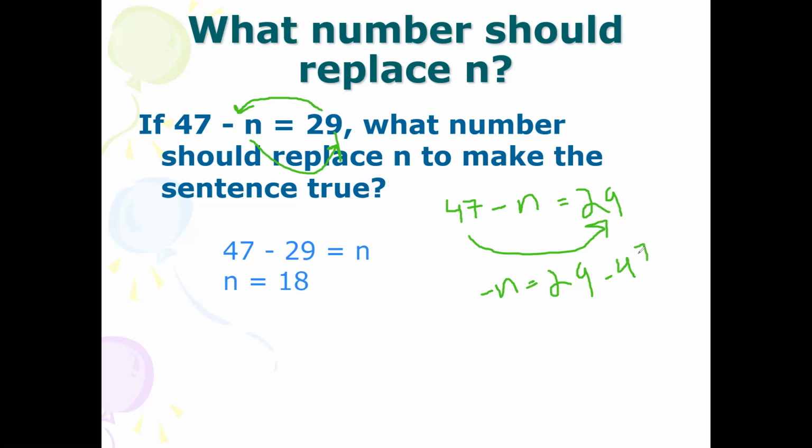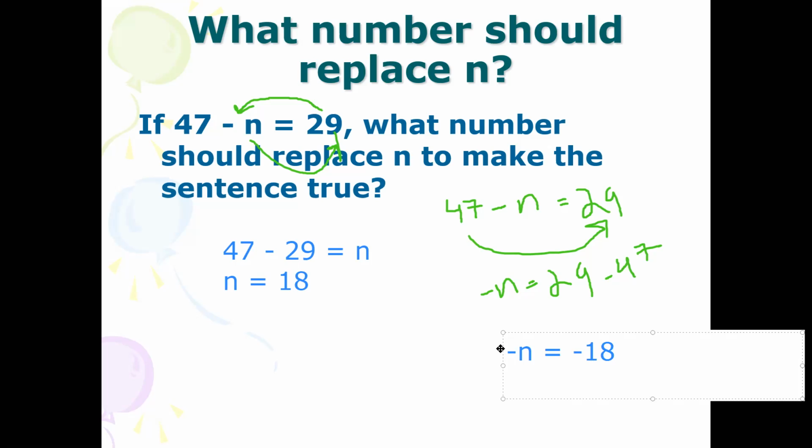So this would become minus n is equal to minus 18. If we multiply both sides by minus 1, or cancel out the negative sign on both sides, that would also give n is equal to 18.